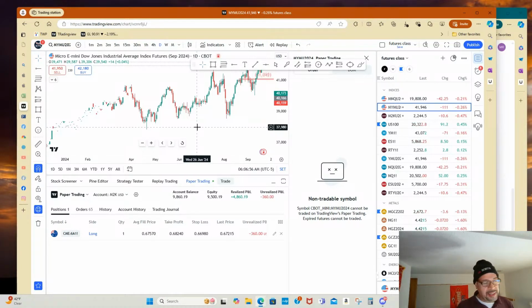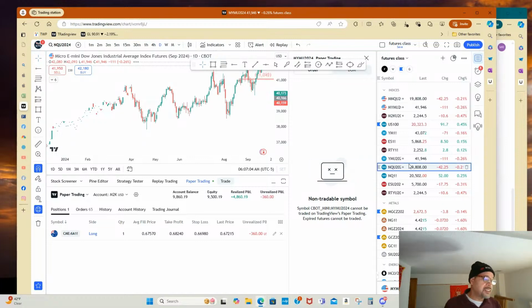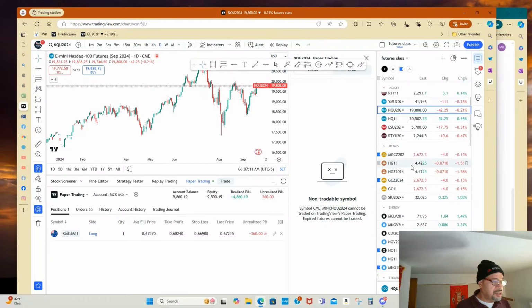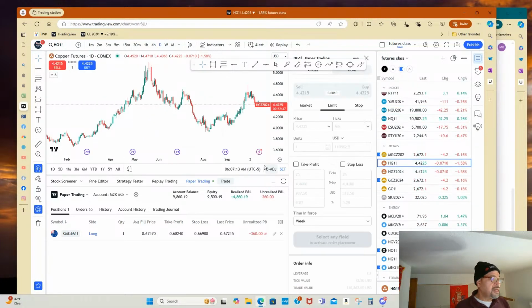And I don't even know how these indices work, to be honest with you. Yeah, I don't know how they work. And when you get down into the actual metals and stuff like that, I don't know how the metals contracts work either.